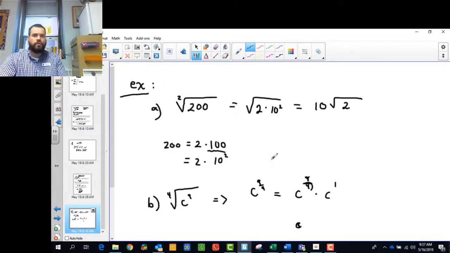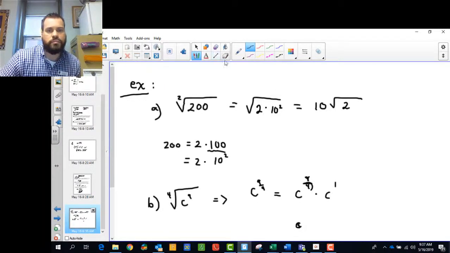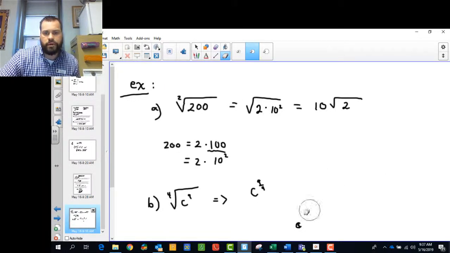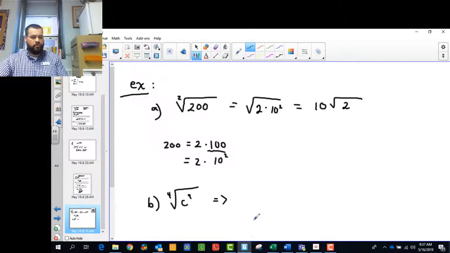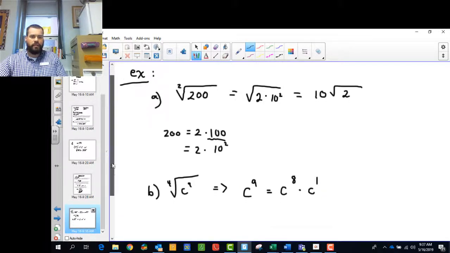I can't see that very well, so let me just rewrite this a little bit better. I'm trying to split my variable: c to the 9 is equal to c to the 8 multiplied by c to the 1.